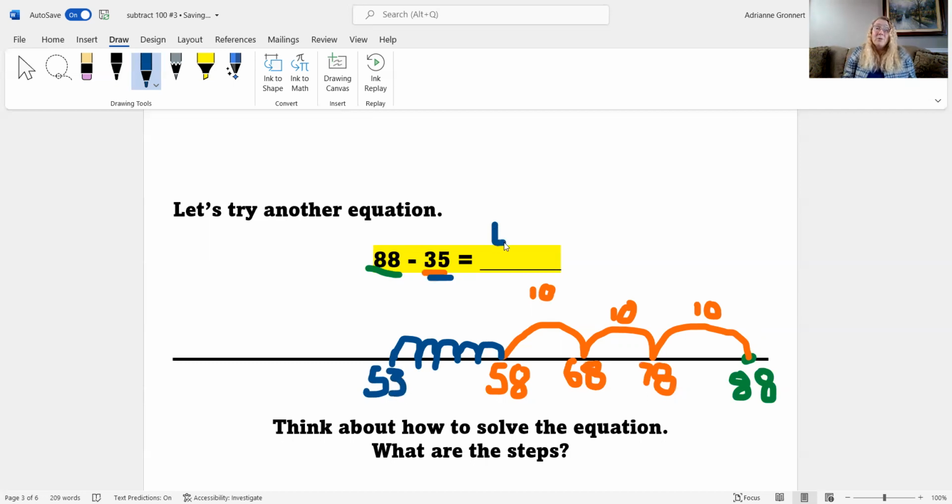So there we go. I'm going to write it in the equation because now I know that 88 take away 35 equals 53. Excellent. Did you get that? Okay. If you need to pause the video to finish writing it, you can. Let's see what we're doing next.